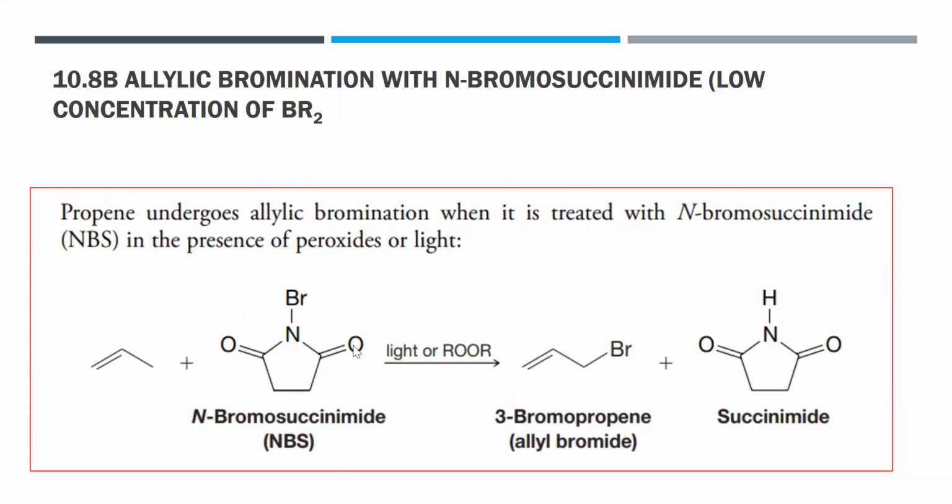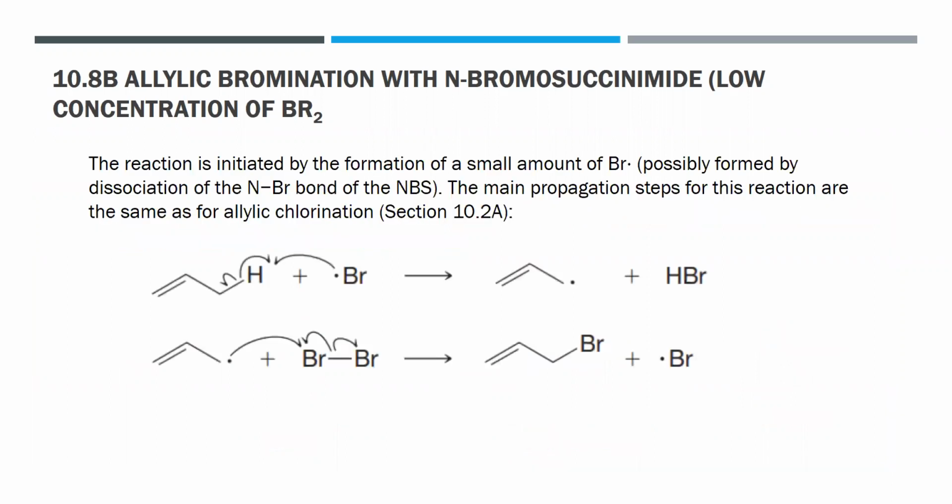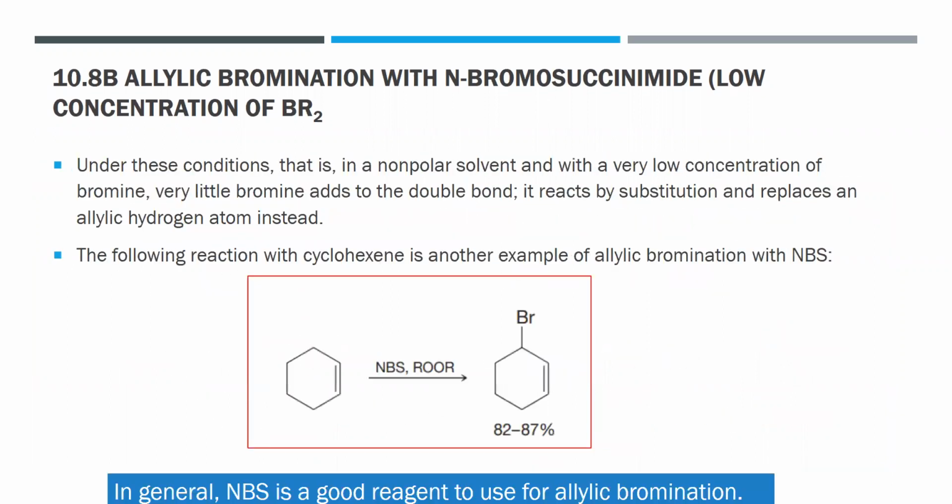So your agents, you have your NBS in the presence of light, or your initiator, the peroxide, to produce your Br dot. Here is another reaction of an alkene in the presence of NBS, N-bromosuccinimide, and our initiator, ROOR.